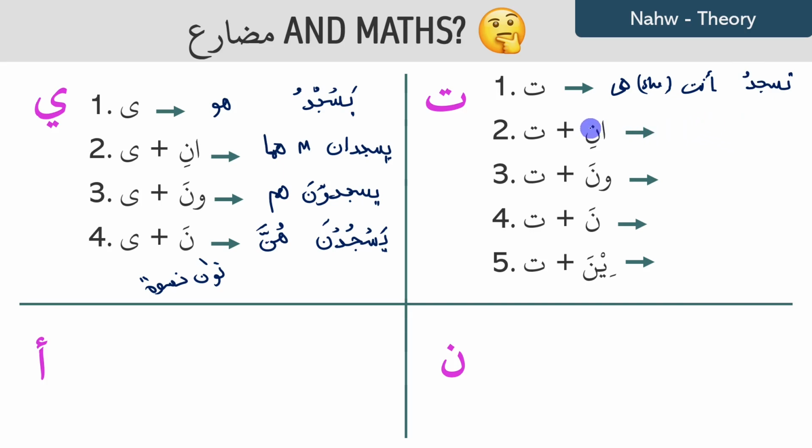Ta with ani is antuma, masculine or feminine, or you can use it for huma, feminine this time. So tasjudani, for example, is both of you prostrate, or you can also translate to both of those women prostrate. Ta with una refers to the second person plural masculine, so this is antum.